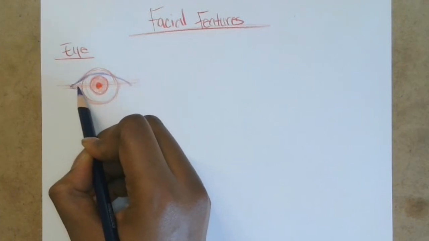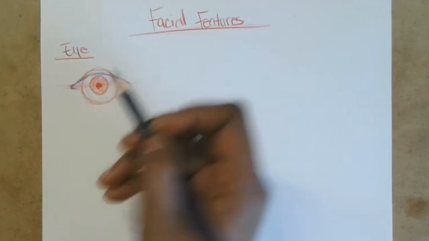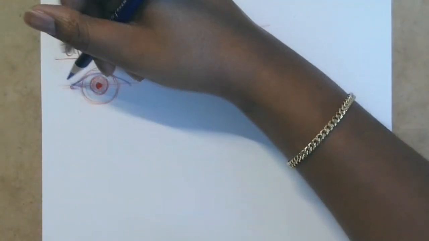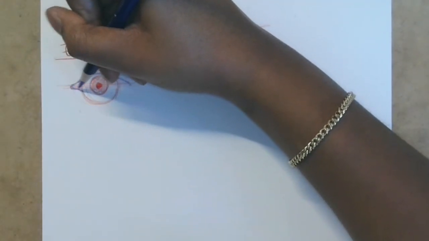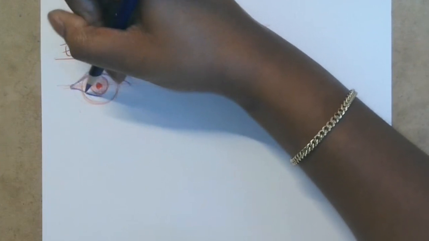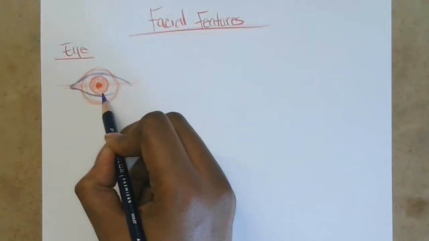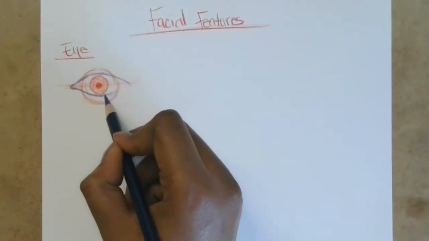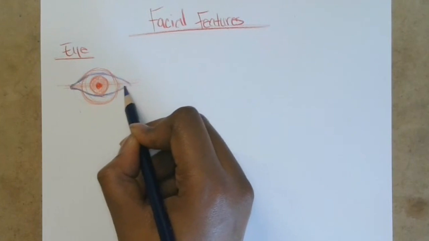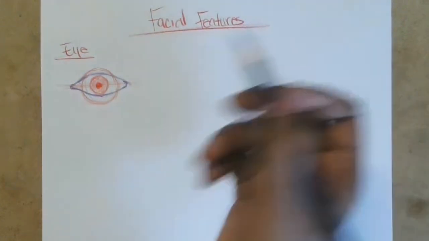Make a round line. We're going to come back in and sketch around the bottom of the iris. Now we're going to curve it back up to our starting point and make that rounder.